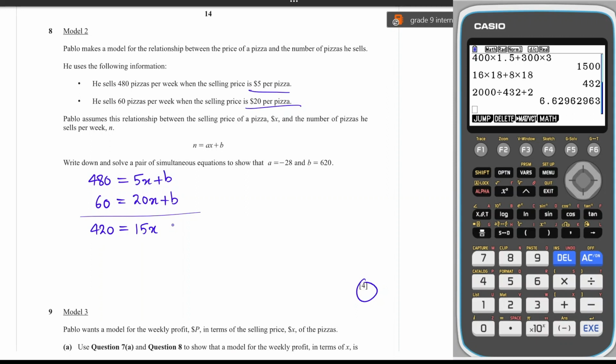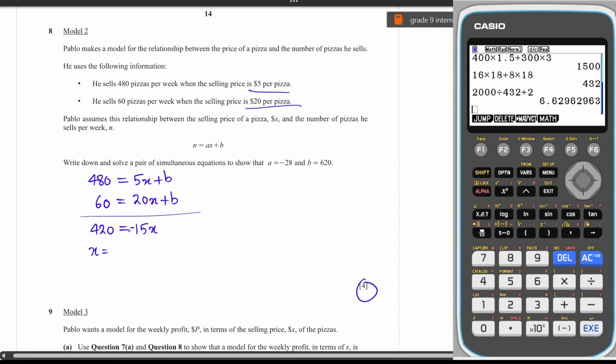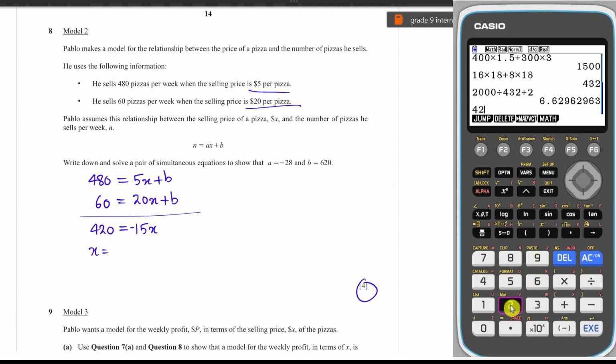Okay, this is minus 15, right? This is 5 minus 20, this is minus 15. So x equal to 420 upon minus 15. So 420 divided by minus 15. That gives me minus 28.